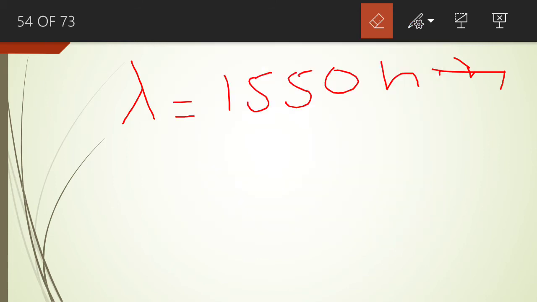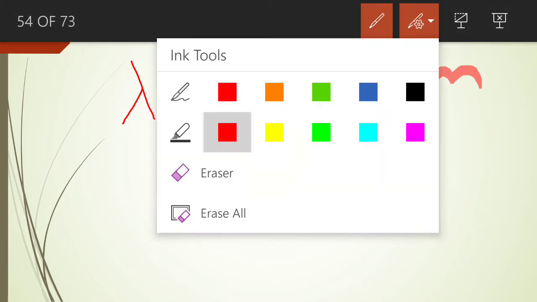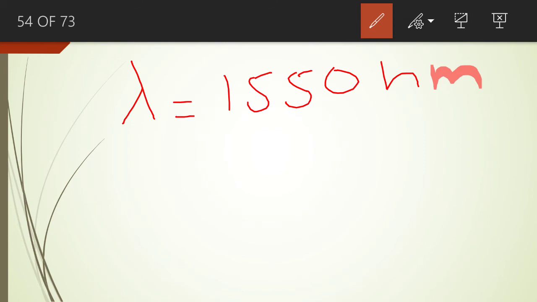Let me write down the units once again. This is 1550 nanometer. This is the wavelength of the light signal.